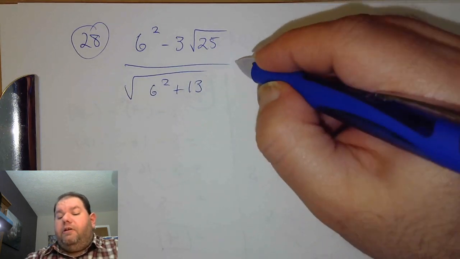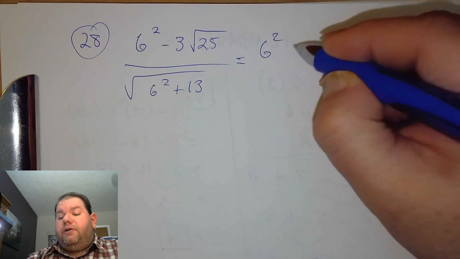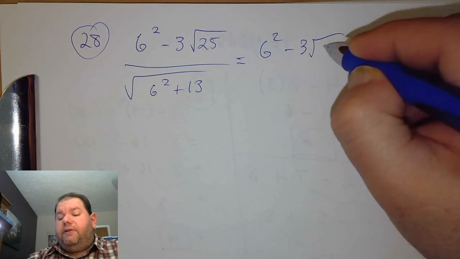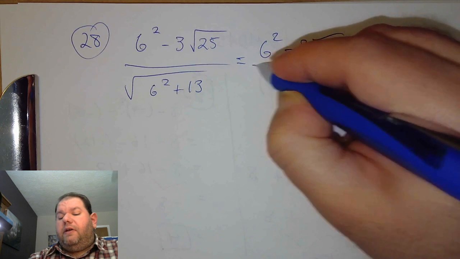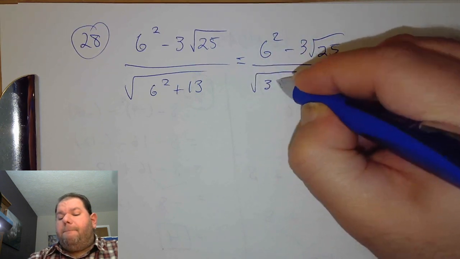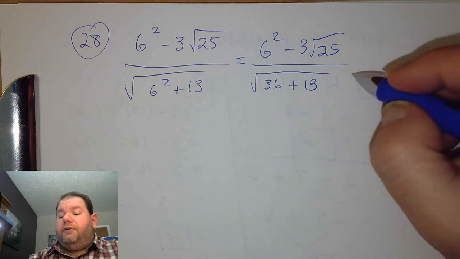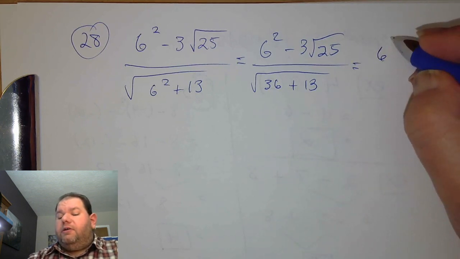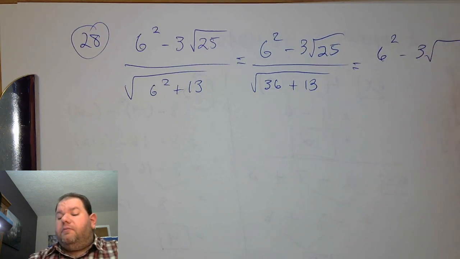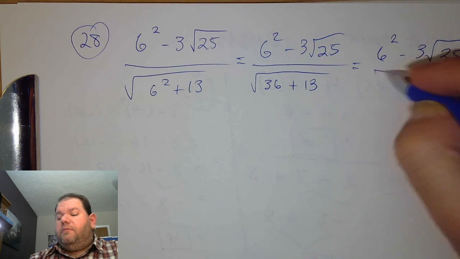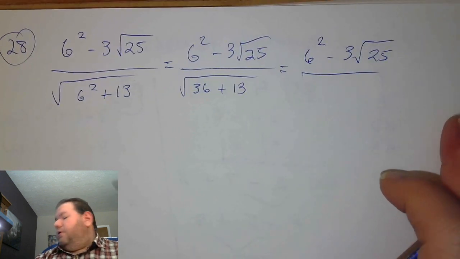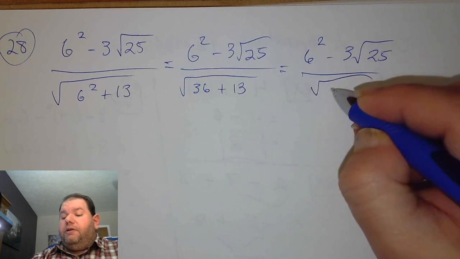Okay. So we have 6 squared, which is 36. Plus 13, and we'll go ahead and add the 36 and the 13, which is 49.